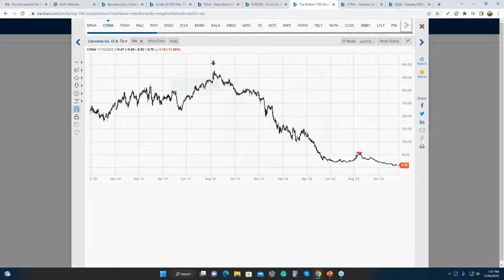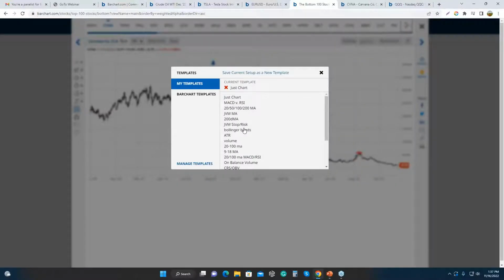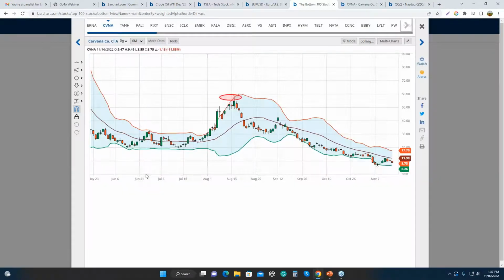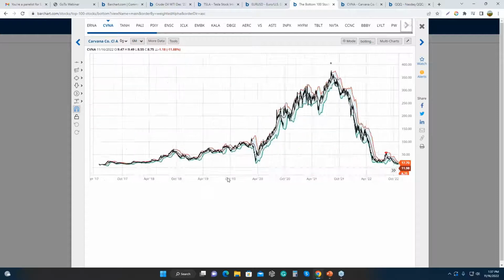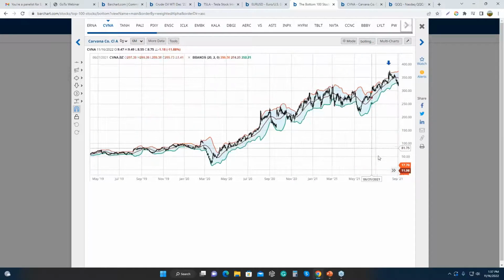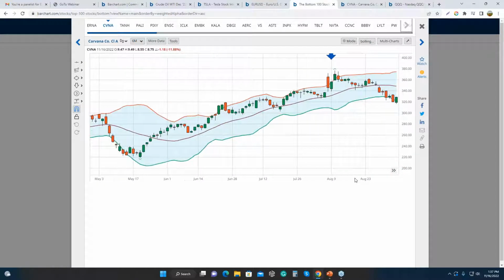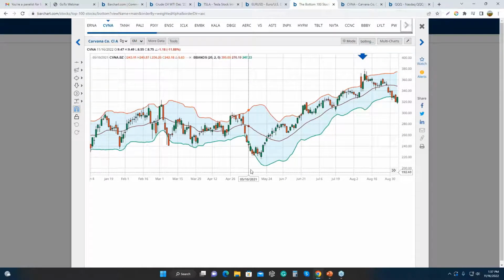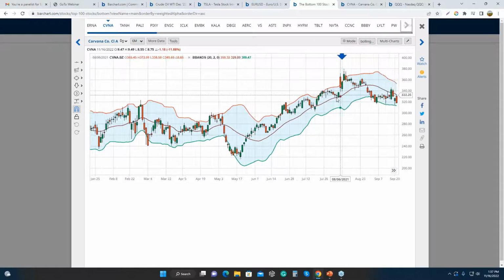Again, let me put my Bollinger Band on. Right? Nice uptrend, nice trend following, right? And then what happens? Well, price gets outside the band. We get a whole candle outside.